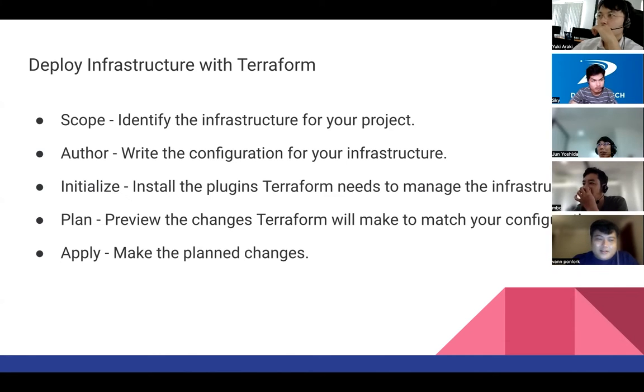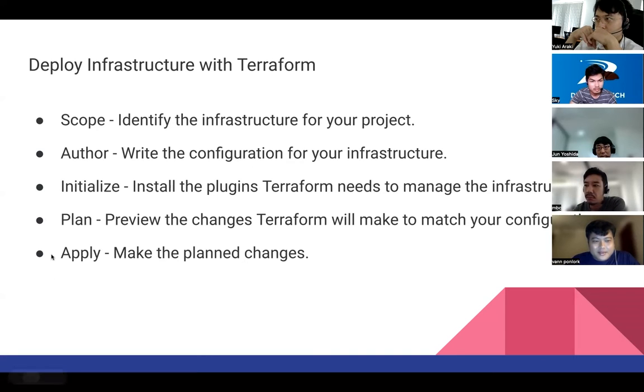For example, if you need AWS or GCP, you need to know which provider and which plugin you need. After that, you review the plan, which is similar to reviewing your configuration, to check it is correct and matches your need.